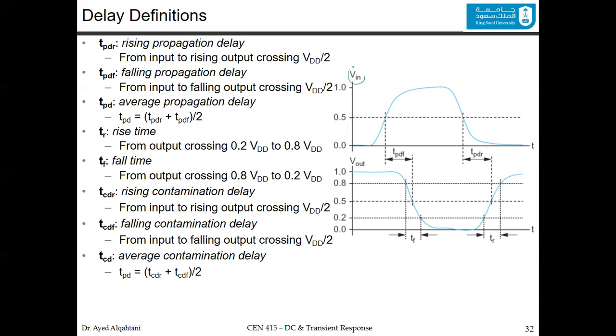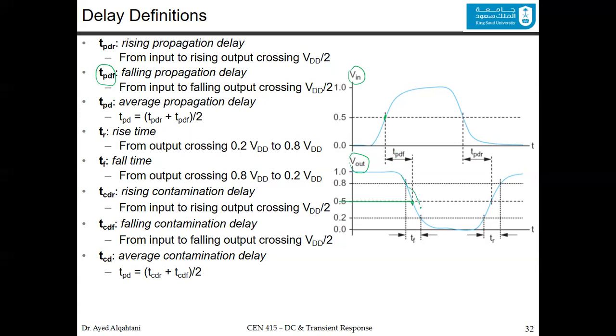If this is the input and this is the output, you calculate 50% of the rising of the input, 50% of the falling of the output. And from this point to this point, you have the tPDF, which is this one. This is the falling propagation delay. Notice that the falling is indicated by the output.